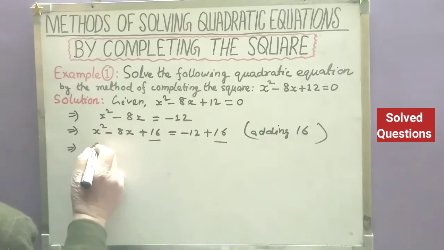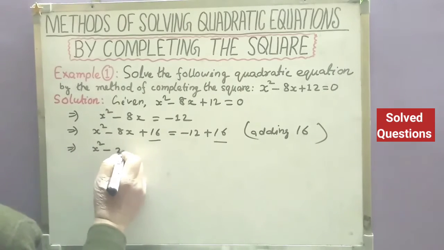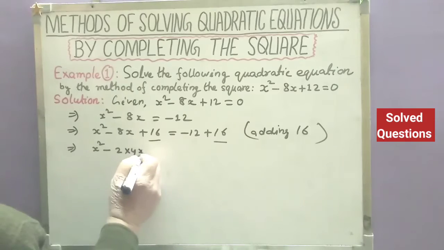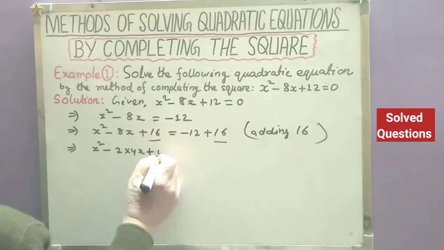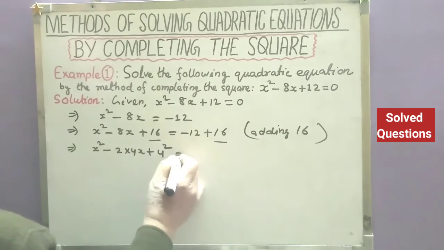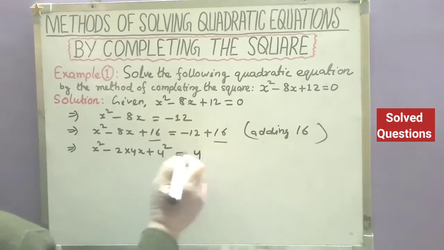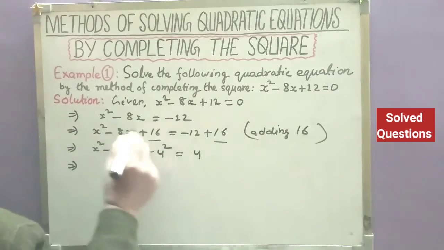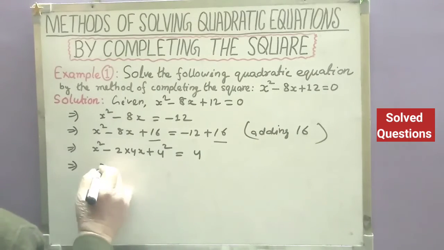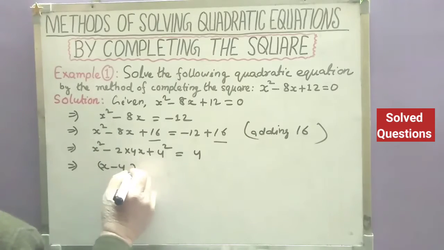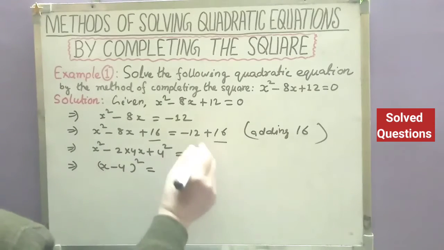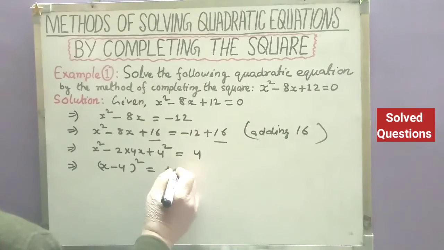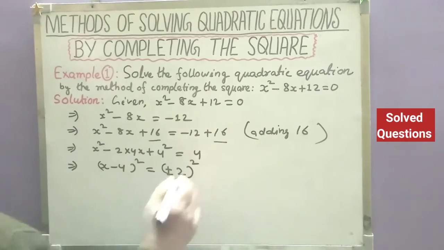That implies that x square minus 2 into 4x plus 4 square equal to 4. That implies that, so this is just a minus b whole square, means x minus 4 whole square equal to whole square of plus minus 2.